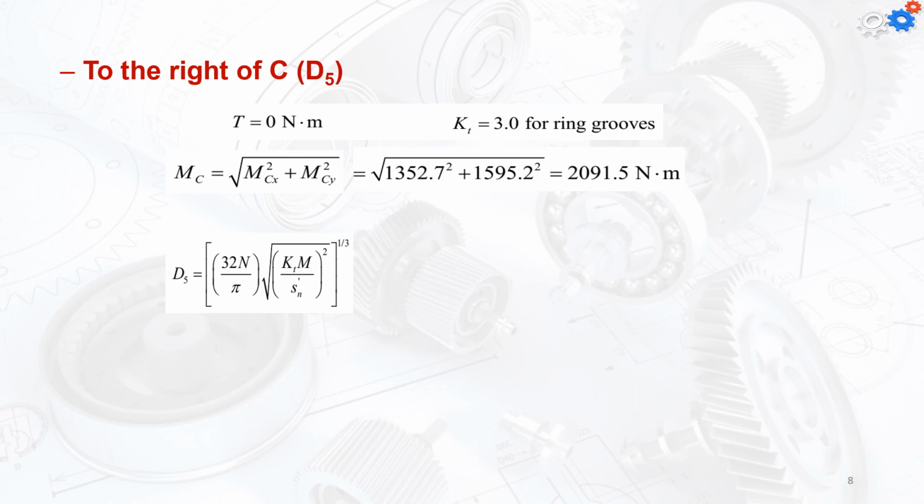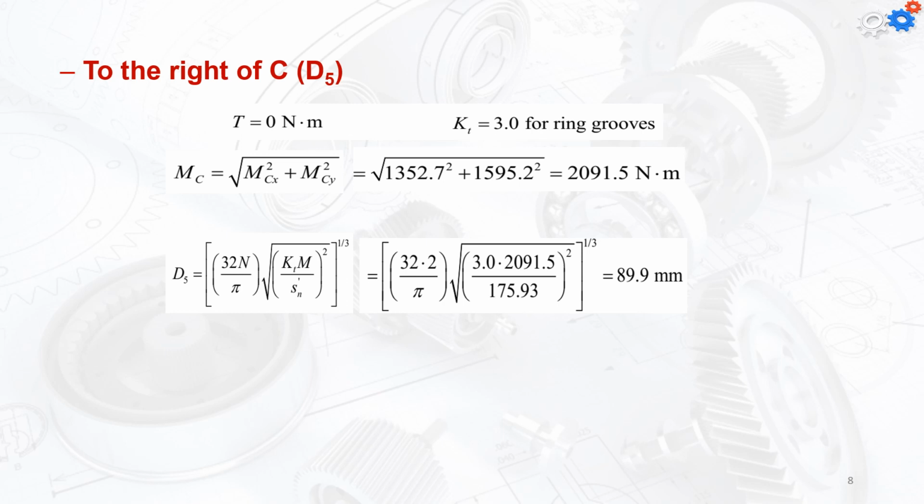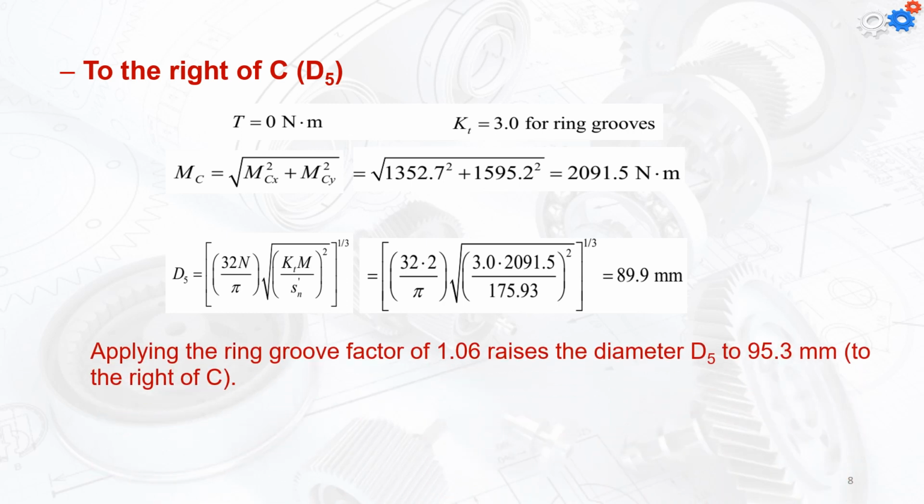And then the diameter will come from the equation for the torque, and we're going to get the diameter to be equal to 89.9 millimeters. Now, we apply the ring groove factor of 1.06, which raises the diameter D5 to 95.3 millimeters to the right of the C instead of the 89.1 millimeters.